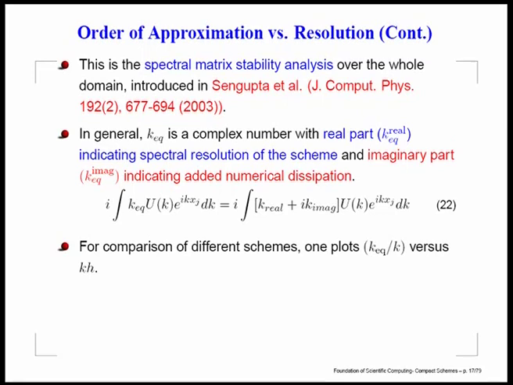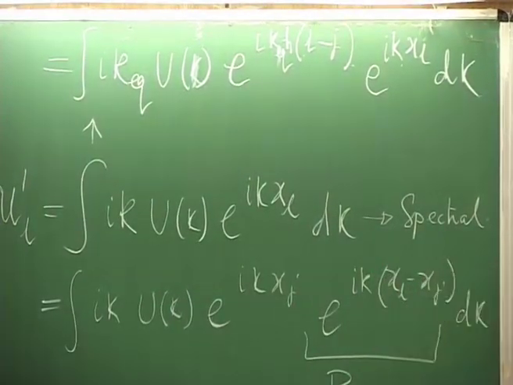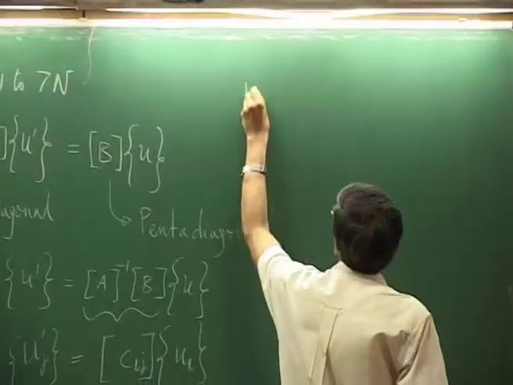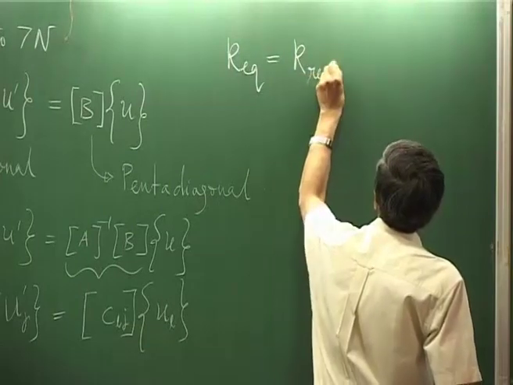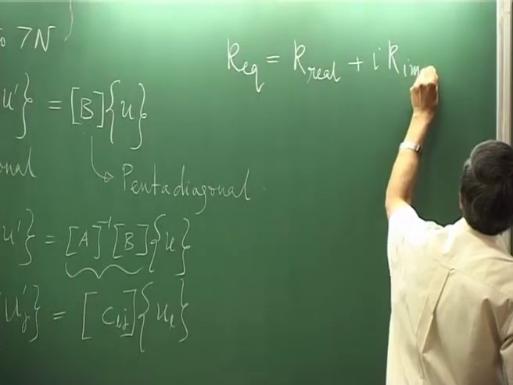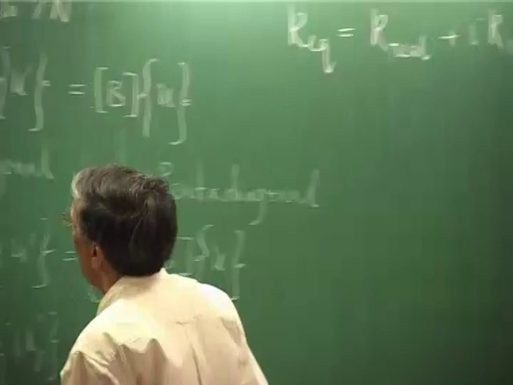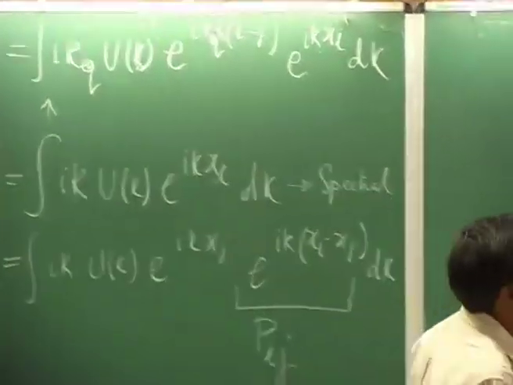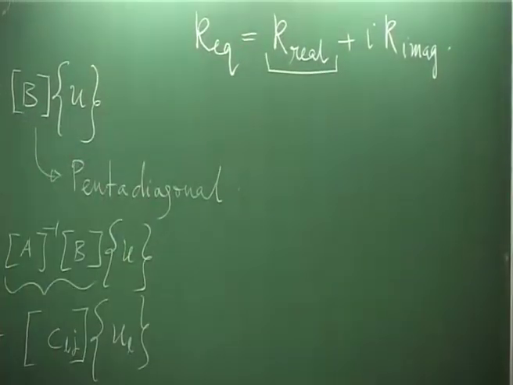So if I now write that k equivalent to consist of a real part and an imaginary part, then if I am looking at ik equivalent, this part is going to give me the phase part, right. That you can easily see, the real part actually contributes to the phase.